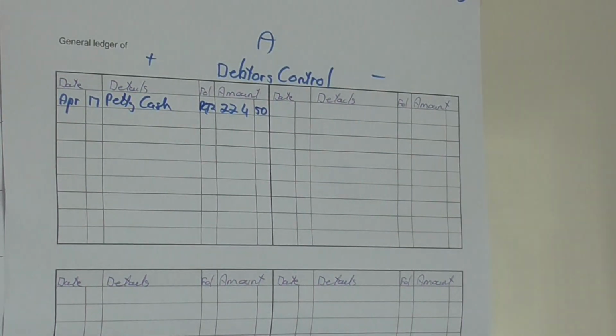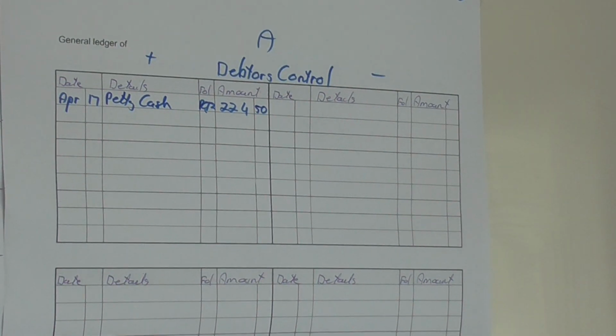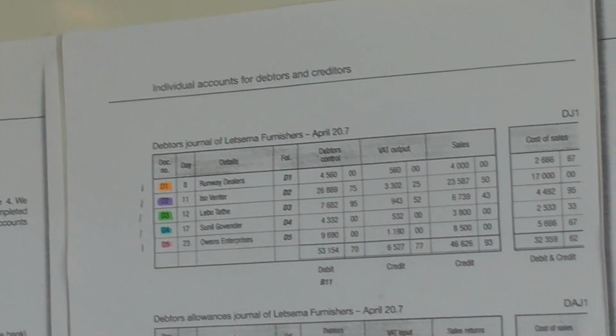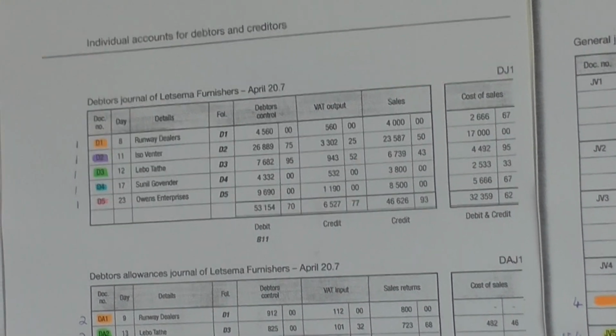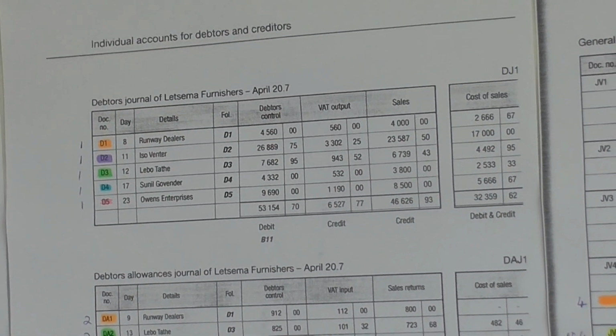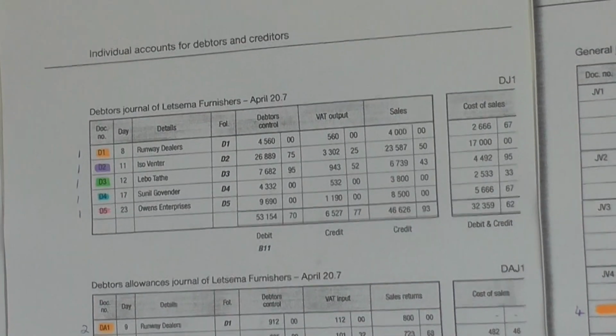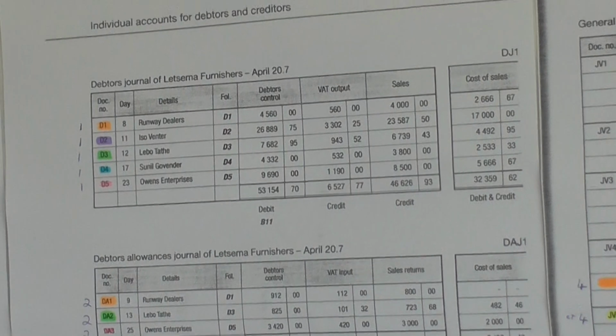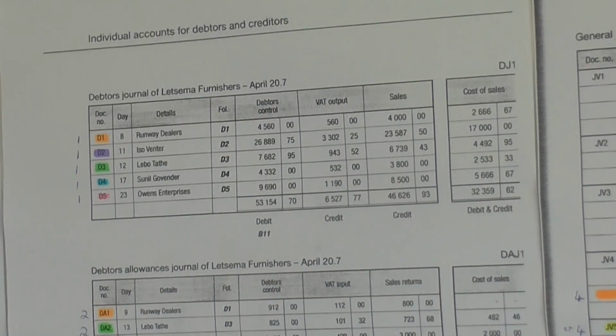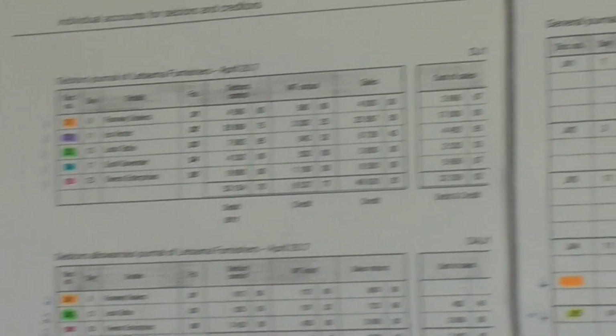Okay, so the next one that also gets debited, I'm just doing all the debits now, will be your debtors journal. As you can see there, your debtors control gets debited. So that total only you take, and the other leg would be sales and VAT output.